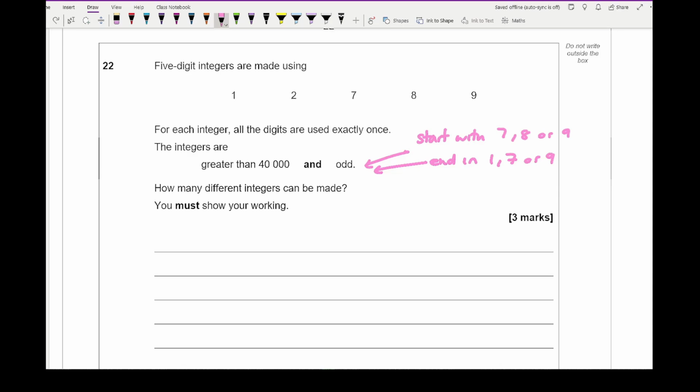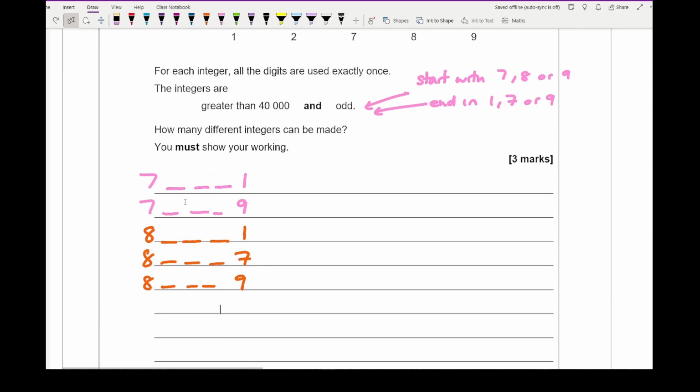Starting with 7, I've got 3 possible numbers, and it needs to end in a 1, or it can't end in a 7 because that's already been used, so it ends in a 9. Now moving on to 8, with the 3 numbers, that either ends in a 1 or a 7 or a 9.